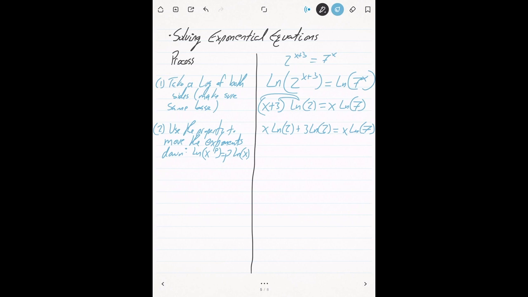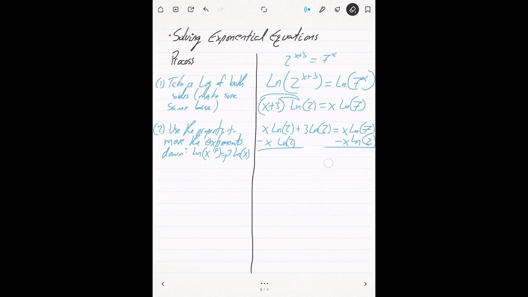Okay, I guess we could go ahead and do that. Let's see. I'm going to move the natural log of 2 times x to the other side. And I end up with 3 times the natural log of 2. Again, this is just a number. Type it in your calculator. It's a number. It's a decimal. And this is going to be equal to x times ln of 7 minus, oh boy, I'm running out of space here.